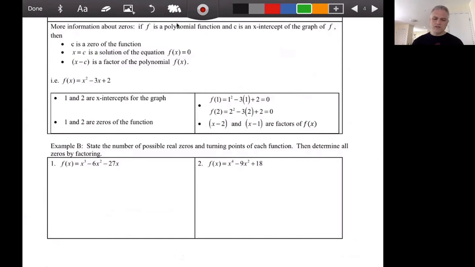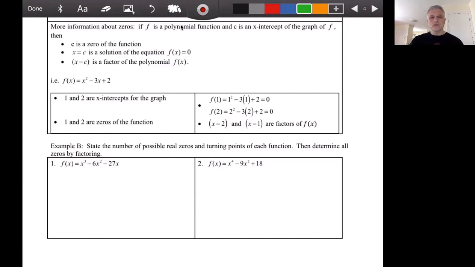If I say, what is x to get y to be 0? When I solve it, x equals that number. That's a solution, okay? Any 0, x minus that number is going to be a factor in your equation.